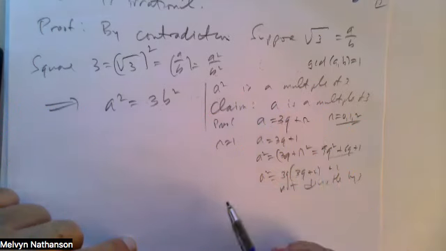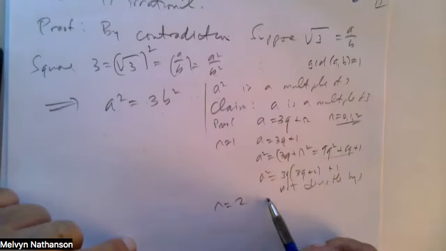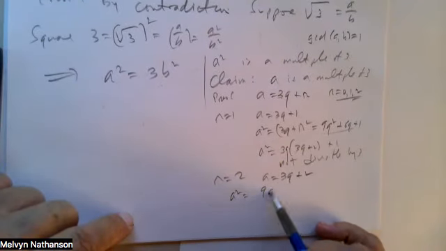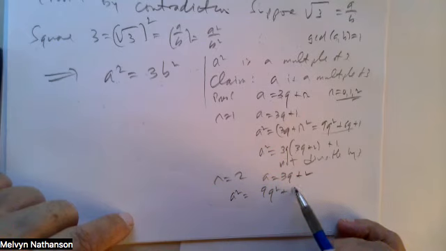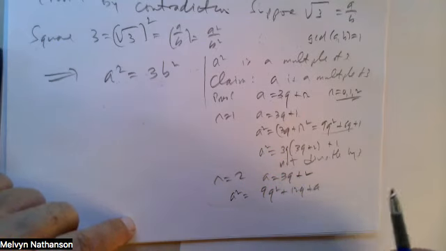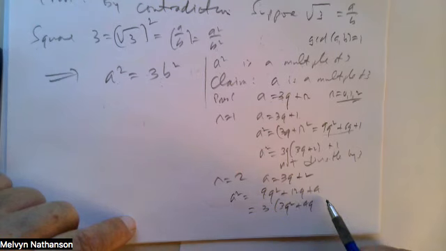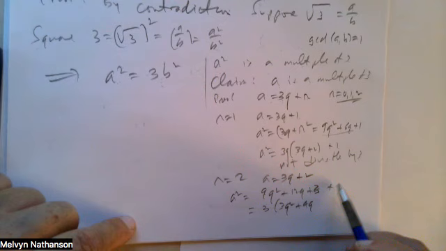Suppose this remainder were 2. Then a is 3q plus 2. If you square that, a squared is 9q squared plus 12q plus 4. I can factor out a 3. I get 3 times (3q squared plus 4q plus 1), plus 1, since 4 is the same as 3 plus 1.